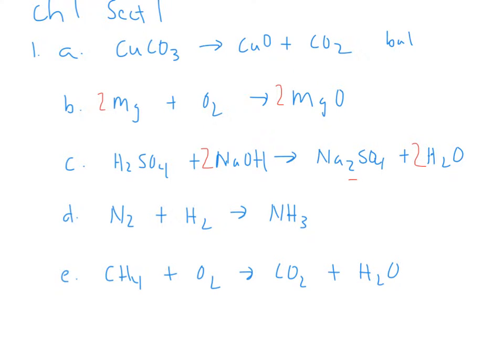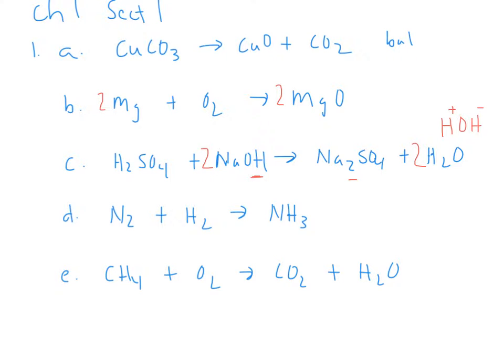Especially in a neutralization reaction where you have a base, the OH, I like to think of my H2O as HOH. If you think of it that way, it makes it much easier because water is really a hydrogen ion with a hydroxide ion.